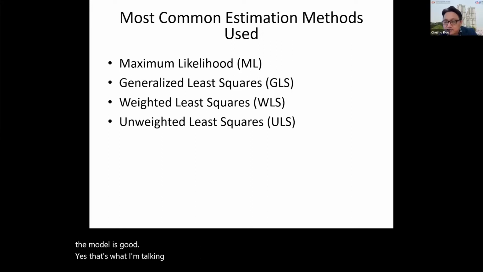PLS is very simple, available, and easy to use, but they didn't report the fitness of a model. So we don't know if that model is suitable or not. But Amos or LISREL, they target the fitness of the model first, and then run that model. But these days, the journals accept PLS in general.